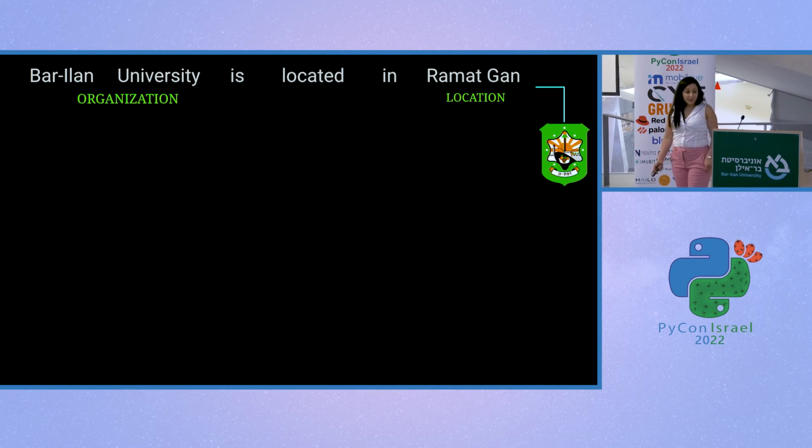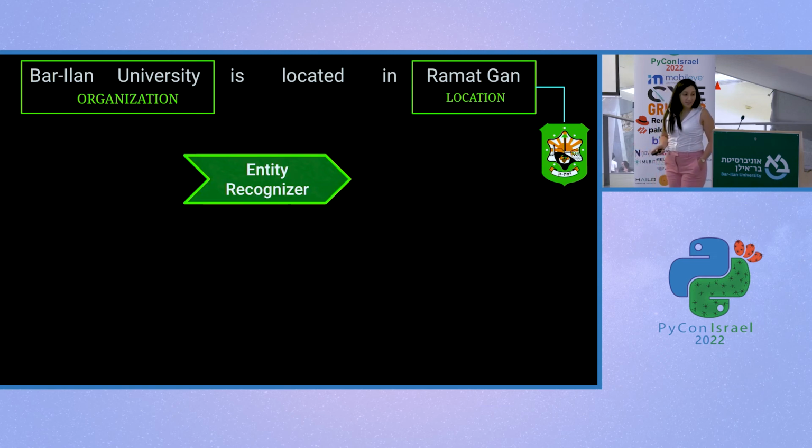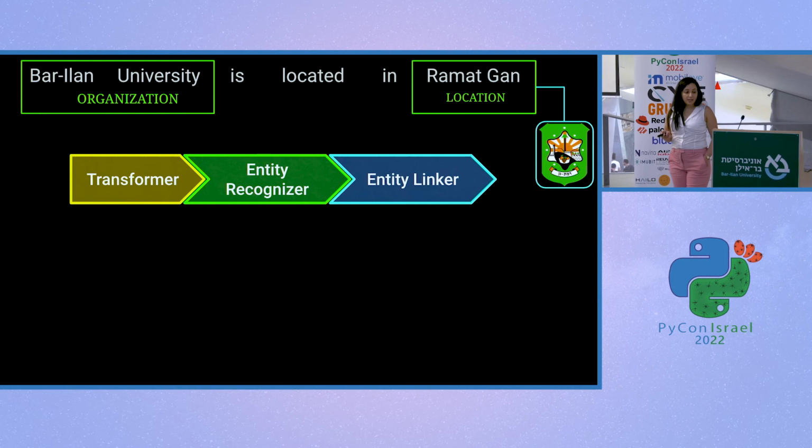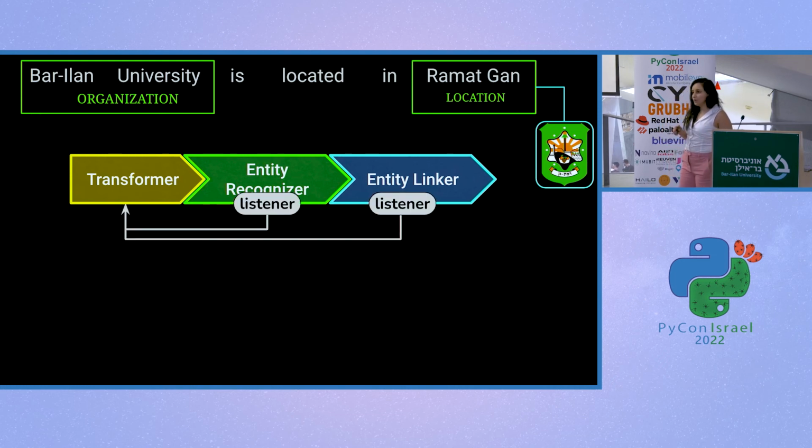We of course use spaCy, so we want to build a language processing pipeline that consists of two components. So we'll need an entity recognizer and an entity linker. And let's say that we want to perform multitask learning. So we add one transformer component that powers both the recognizer and the linker together. So we want to define this pipeline and then train it on our dataset.